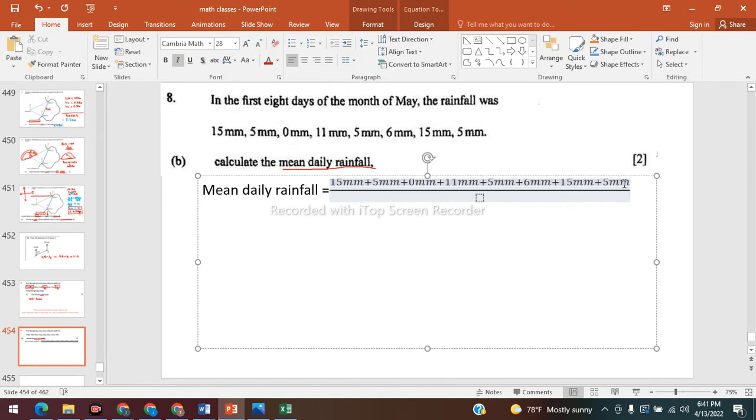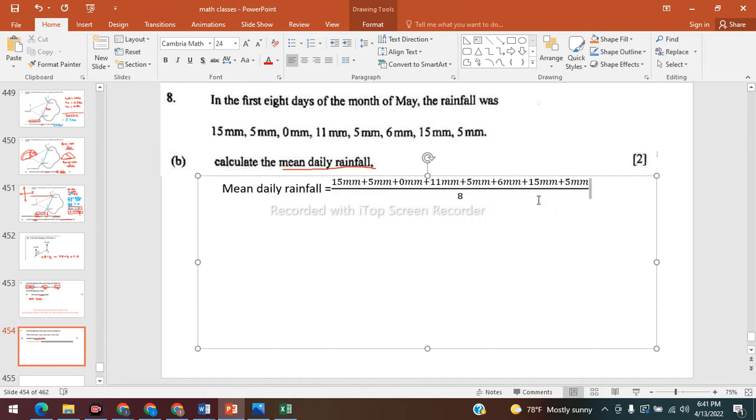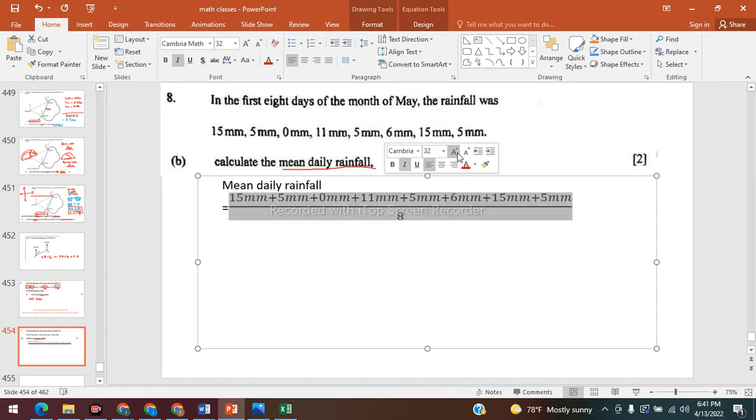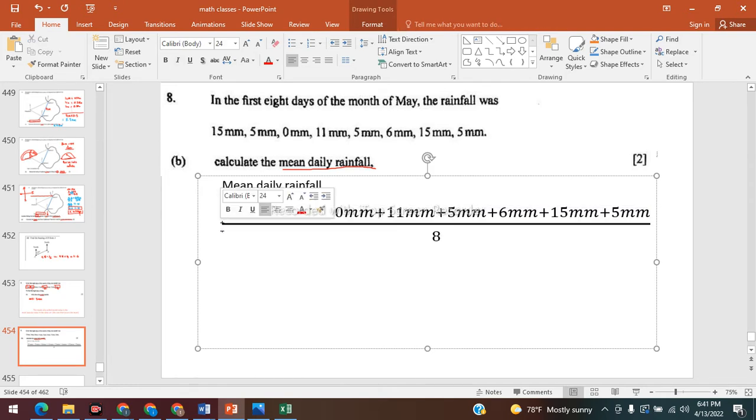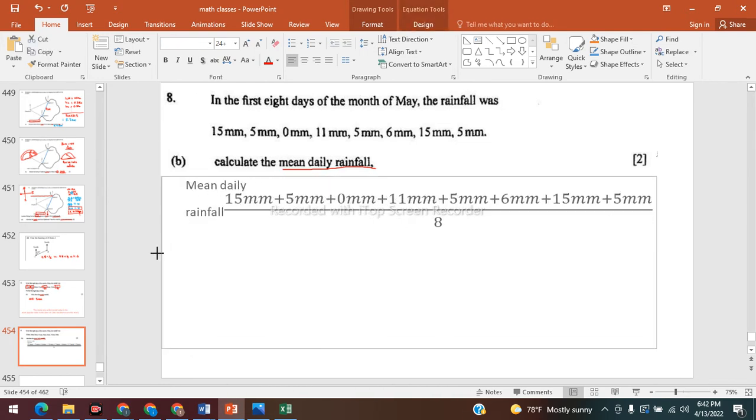So this is 1, 2, 3, 4, 5, 6, 7, 8 values. So remember for the mean, remember how we do with mean? We add up all of the numbers, right? And then we divide it by the number of data values that we have.